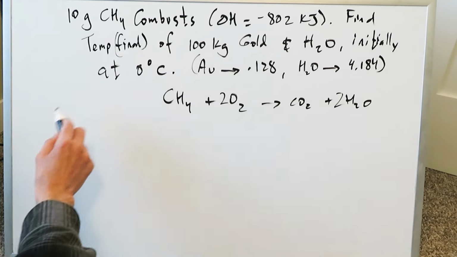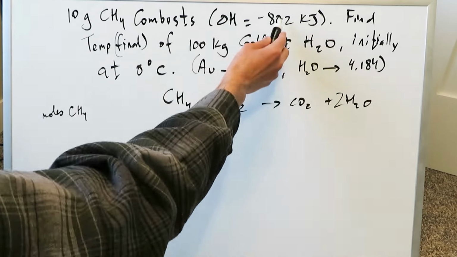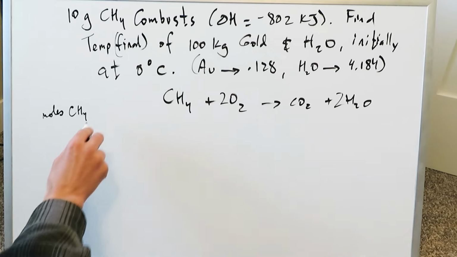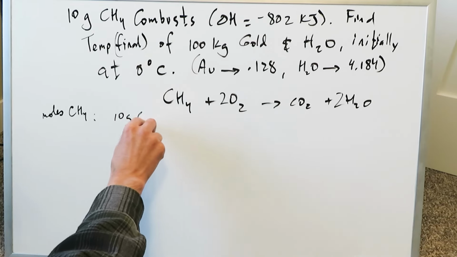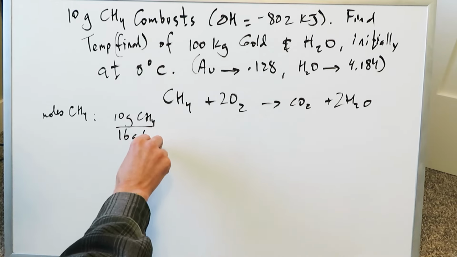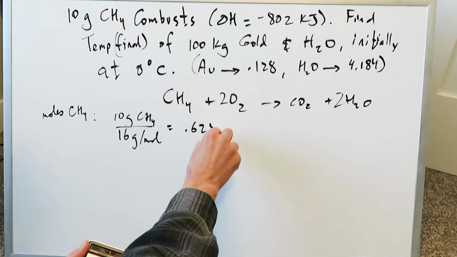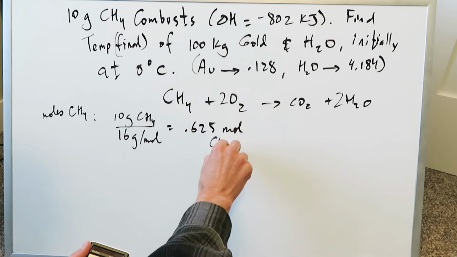We have to determine the moles of methane, because that'll come in very handy in terms of that item we have over there. We have 10 grams of methane gas divided by the molar mass of it, which is 16 grams per mole of methane. When you do 10 divided by 16, you get 0.625 moles of methane.